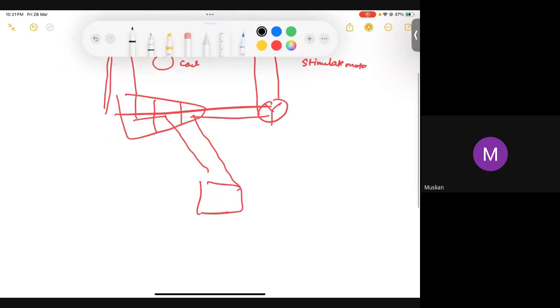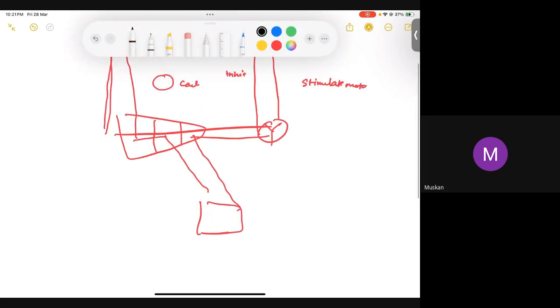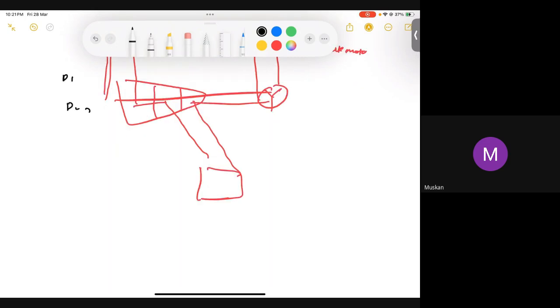We discussed that we have different receptors: D1 receptor on the direct pathway and D2 receptor on the indirect pathway. Our dopamine basically comes from the nigrostriatal pathway. We have the internal capsule in between as well. That's why it's known as striatum, because it gives us a striated appearance.